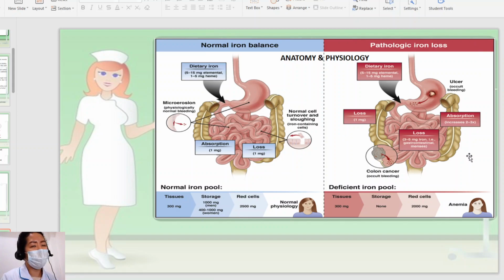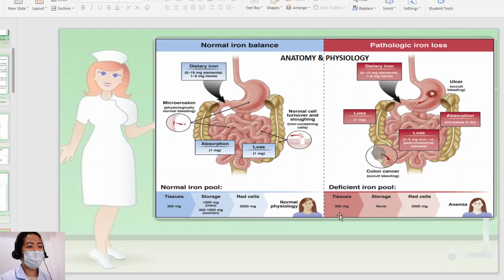And then on the other part, when the patient is sick, for example, the patient has an ulcer, so there is occult bleeding. So when taking iron, the absorption increases 2 to 3 times, and there will be a loss of about 3 to 5 milligrams of iron due to gastrointestinal bleeding.